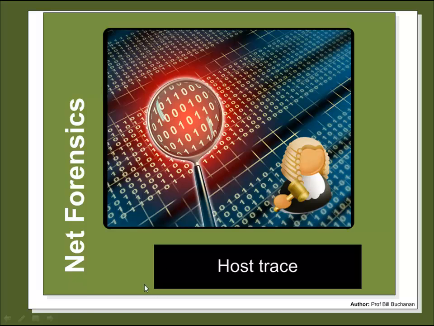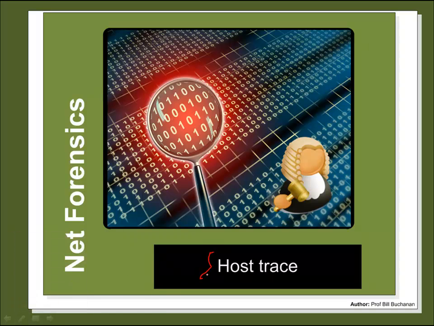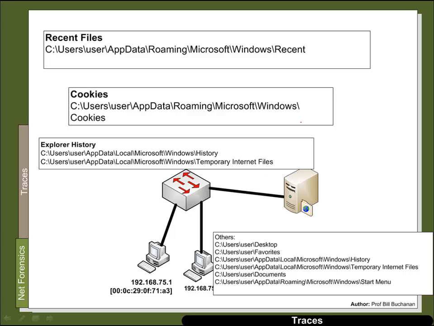Okay, so we can also have traces of activity on a machine that relates to network traffic. And if we have a Windows machine, there are certain folders that are set up that will monitor and keep a history of various activities. So in the recents folder we see any recent files that have been created.